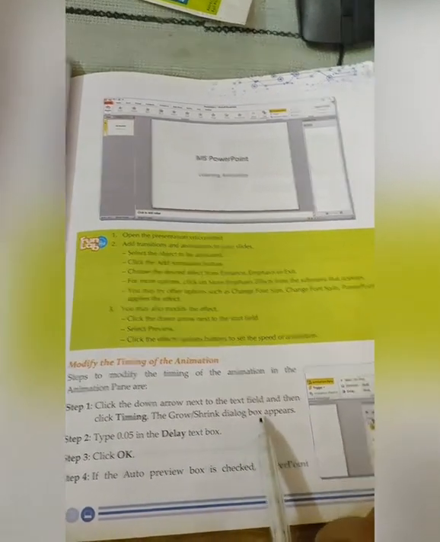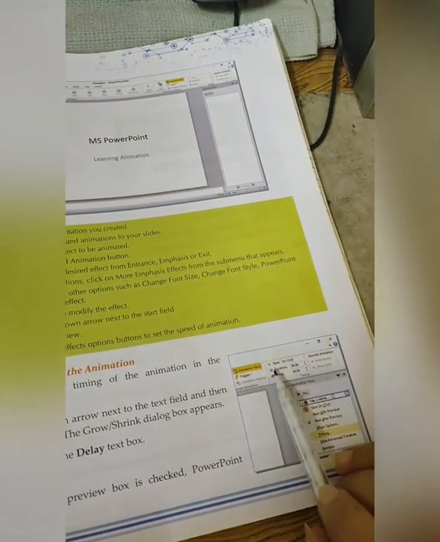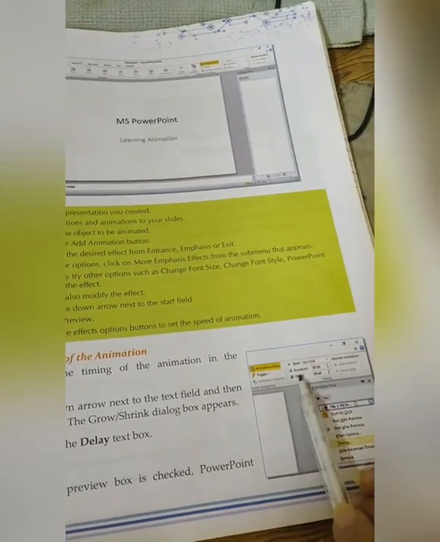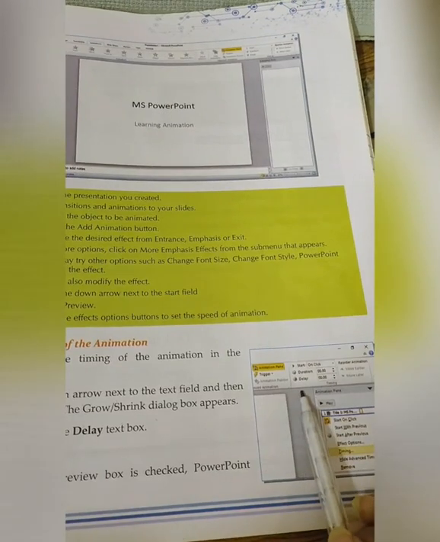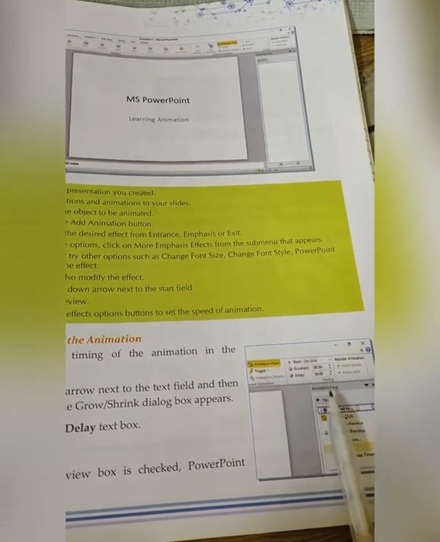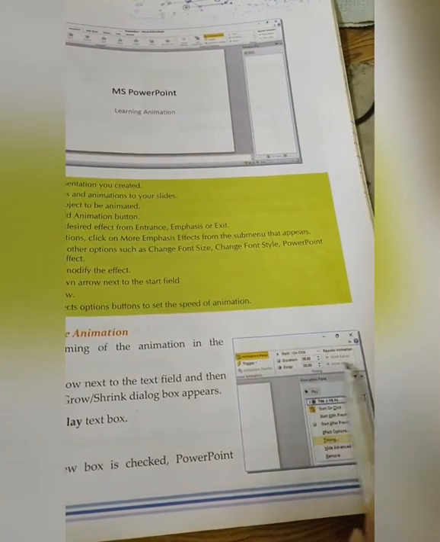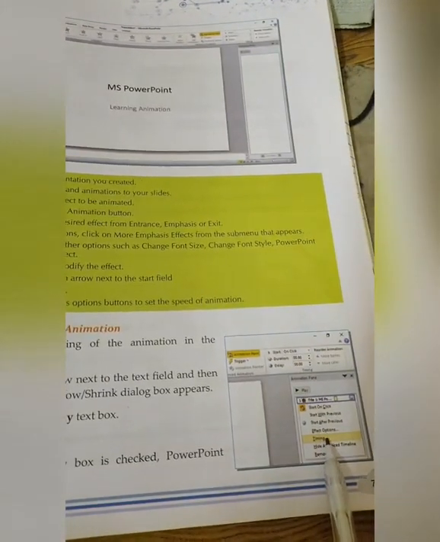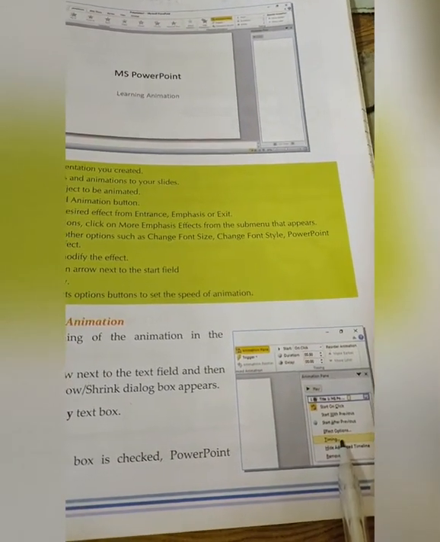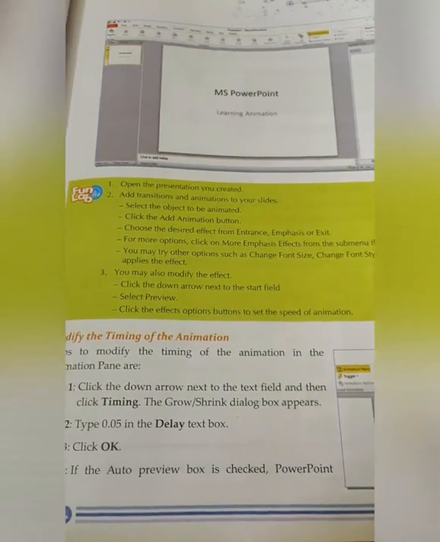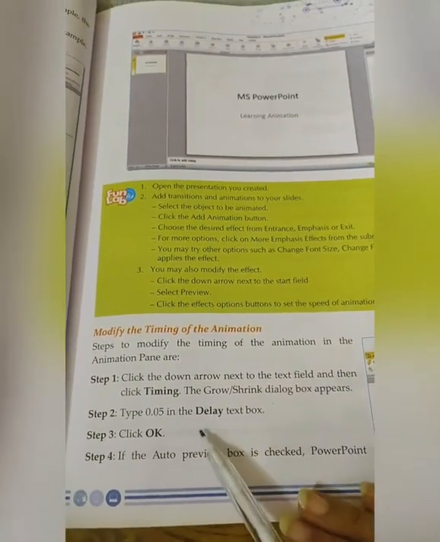The grow shrink dialog box will appear. When you click on the right side of the pane, you will click on the timing group. There will be a timing option on this pane. When you click on this, a dialog box will appear.